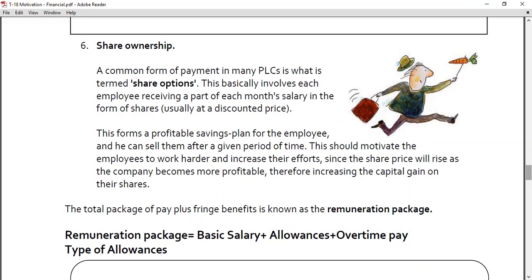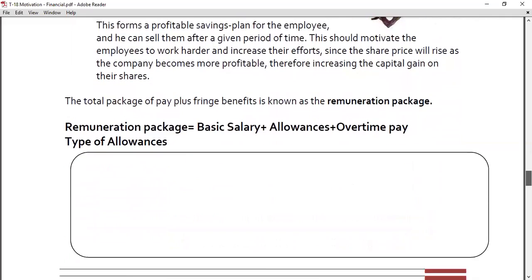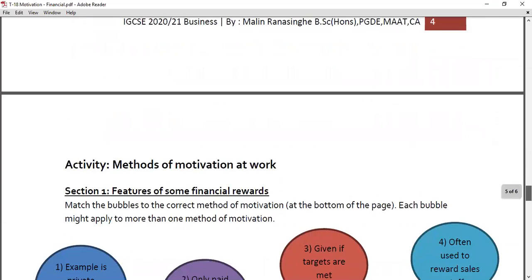This could motivate employees to work harder. Then the remuneration package: basic salary plus allowances plus overtime pay, and other types of allowances. We talked about this remuneration package.